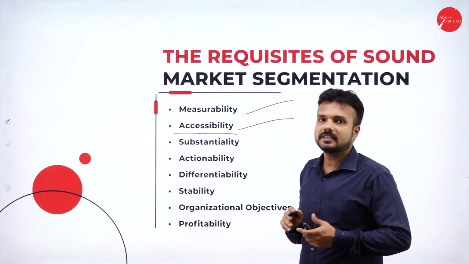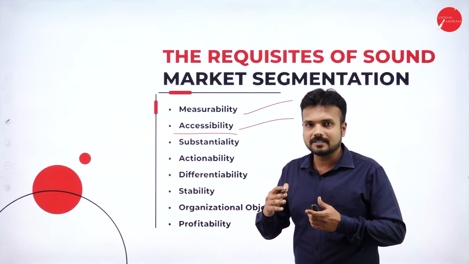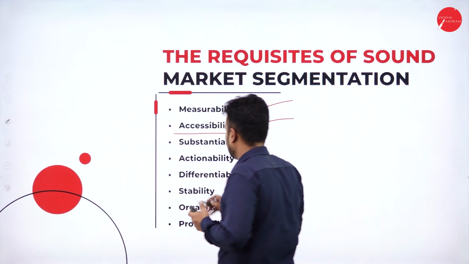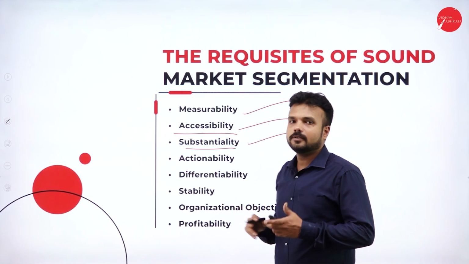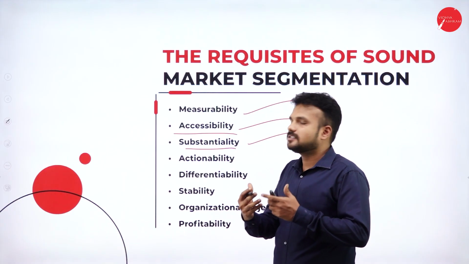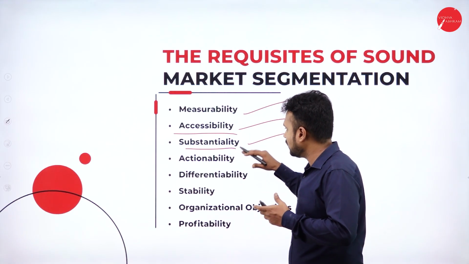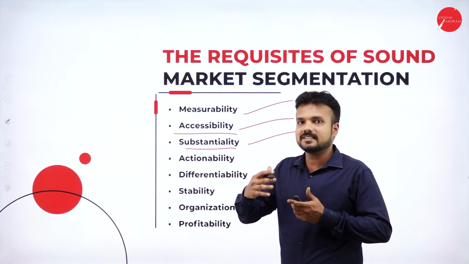There must be a transparent access towards what we are going to do, what our present situation is, and how we are going to reach the further goals of the organization. Substantiality. This is a way how we are going to serve the customer with substantial things, and make sure that they get satisfied.